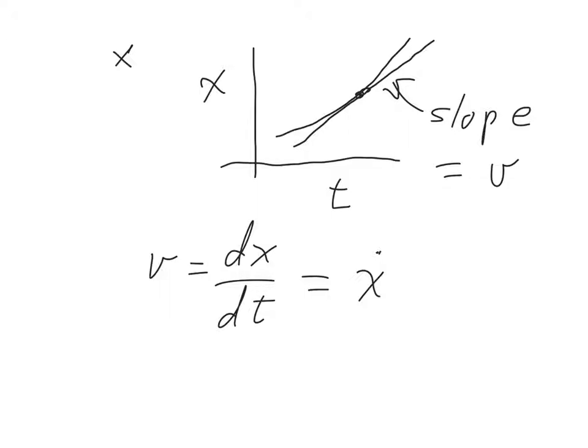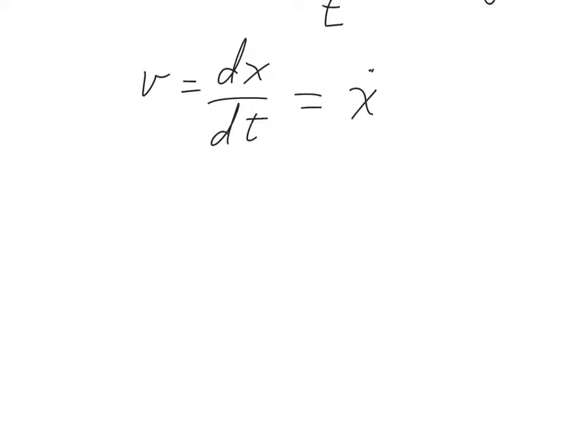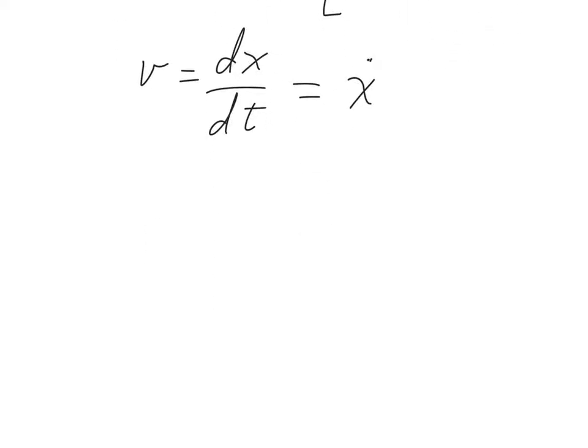Okay, continuing definitions, we also have acceleration. Acceleration is indicated by a. a is how fast velocity is changing with time. Velocity and acceleration are often confused.